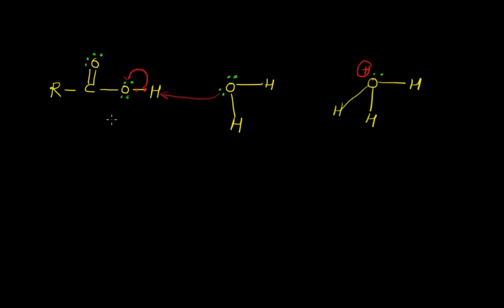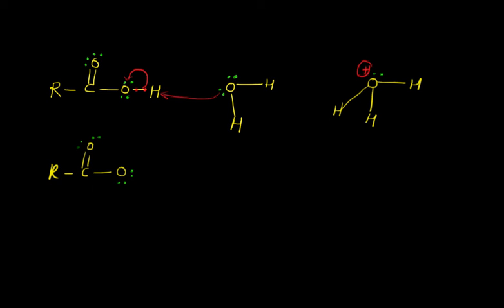Now I will write the next structure. So let me write that structure: R, C double bond O, oxygen. Now here I will write the lone pairs of electrons like this, and we have lone pairs of electrons like this.